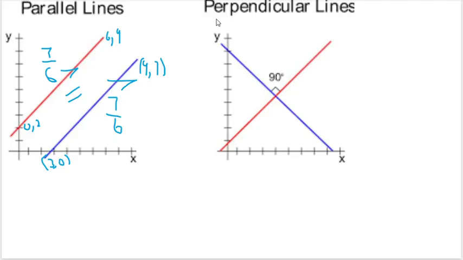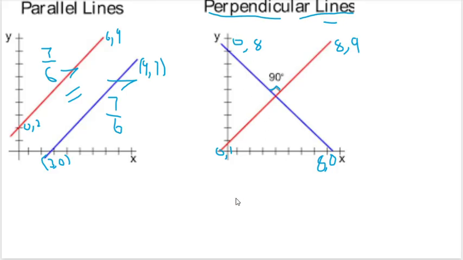Now let's deal with perpendicular lines. Perpendicular lines make 90 degrees. First, let's get our coordinates. The blue line has points (0, 8) and (8, 0), while the red line has points (0, 1) and (8, 9). Now let's see the gradients.